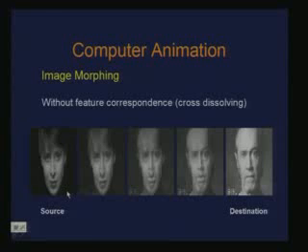So this was the source image, this was the target image. If you see it here, there are 1, 2, 3, 4 eyes, right? 2 noses, and I don't know how many lips. Okay, so this is when no feature correspondence was done. It's just a cross dissolve.